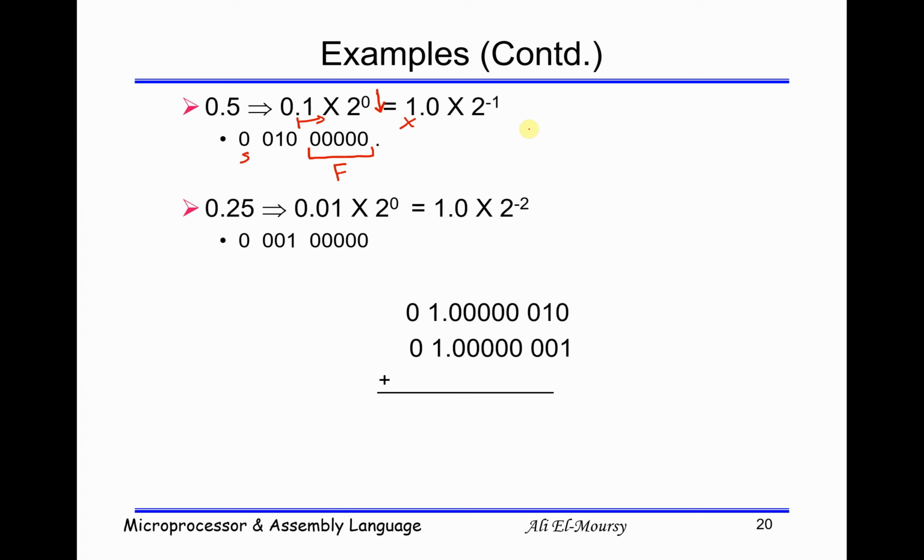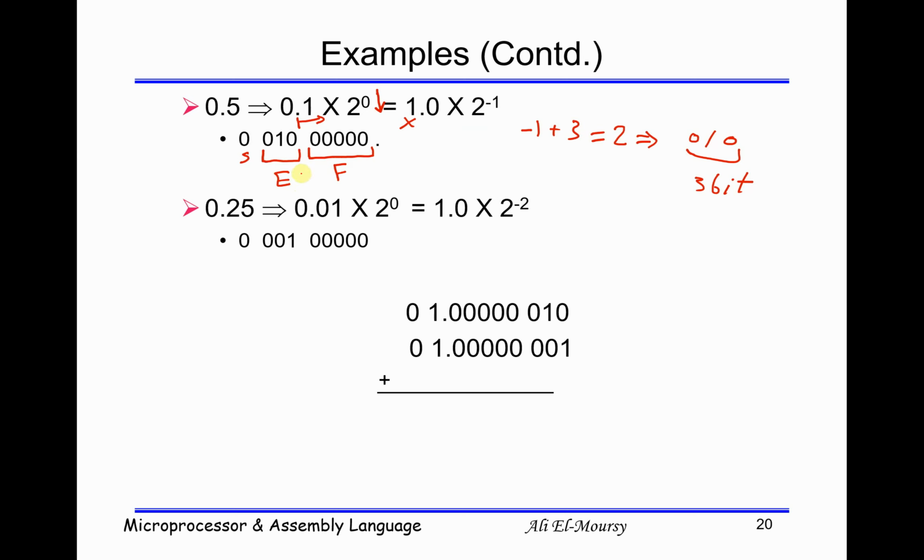From the last slide, we have to bias it by adding 3, so minus 1 plus 3 equals 2. So 2 in binary is 0, 1, 0, and we have 3 bits for the exponent. So this is the exponent field.